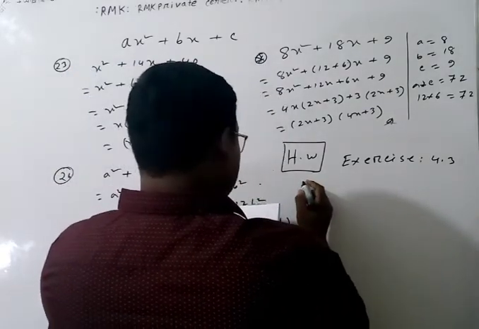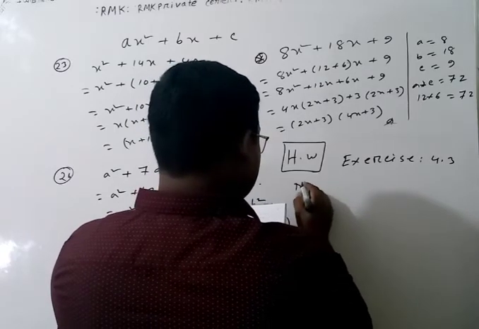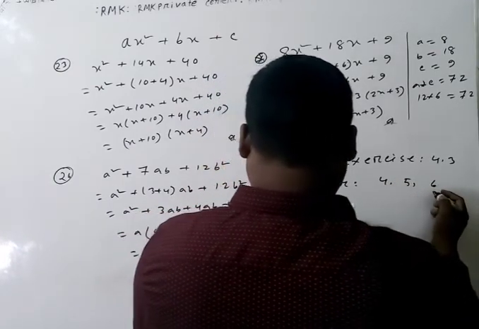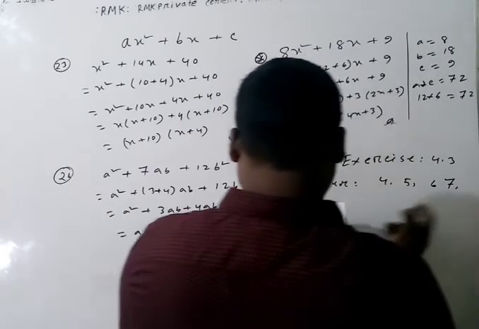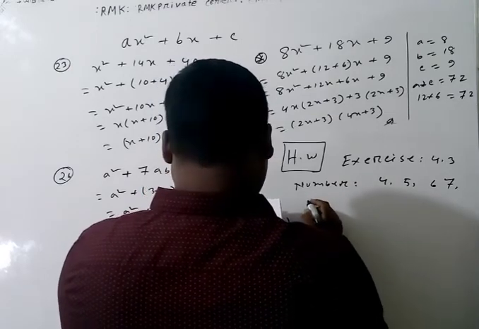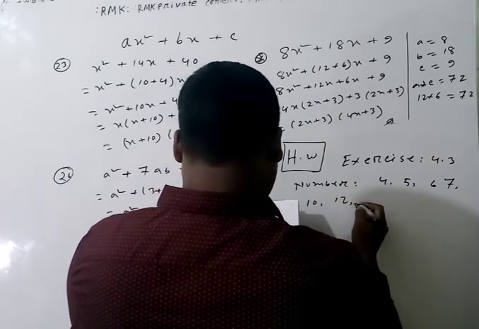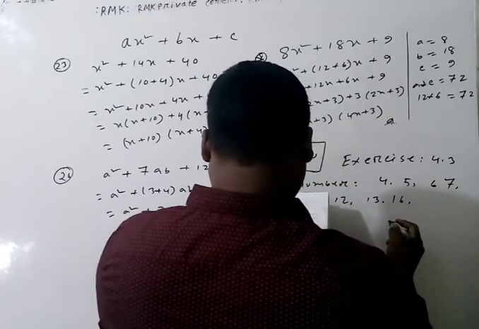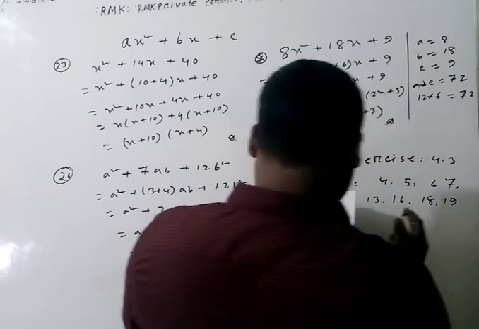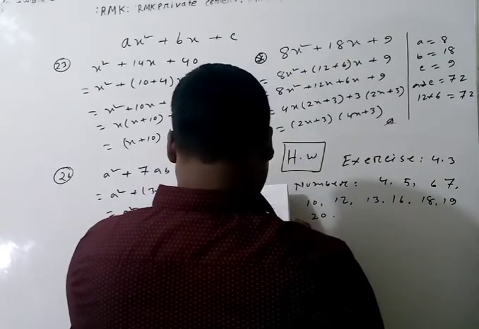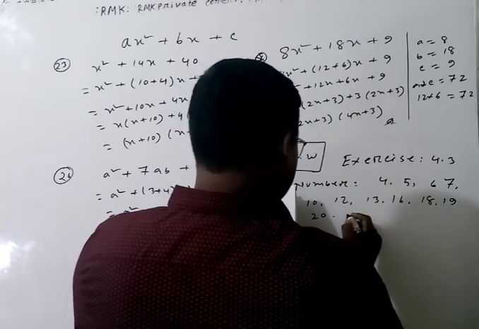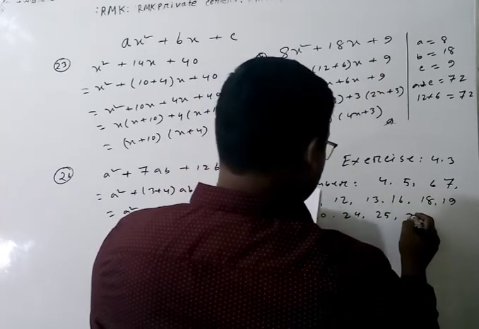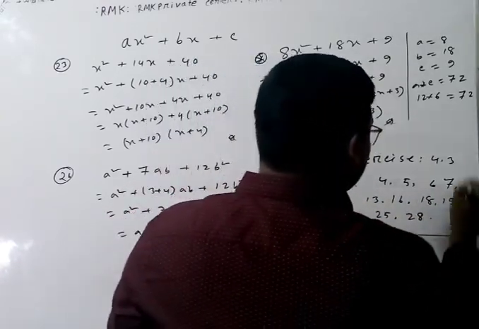Homework numbers 4, 5, 6, 7, 10, 12, 13, 16, 18, 19, 20, 24, 25, 28. These are your homework for the next class.